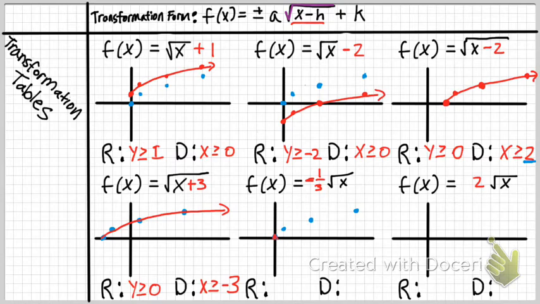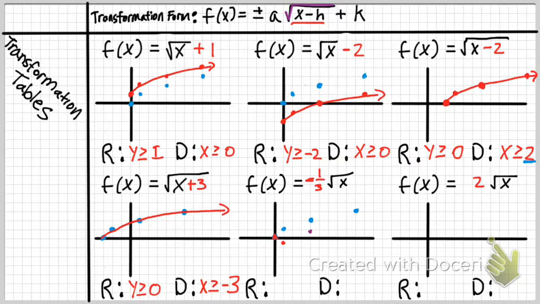So 1, 1: the output is going to be multiplied by 1/3. So now it's 1, 1/3. And then it's going to be flipped to the other side. So we've got a point down here that is now the transformation. Same thing is going to happen here at 4, 2.